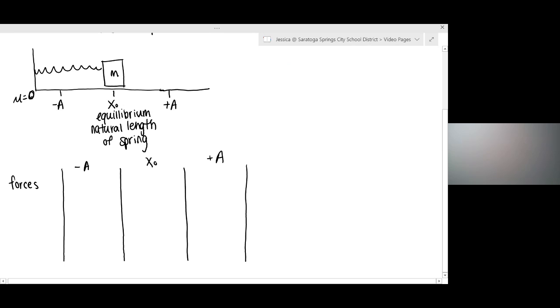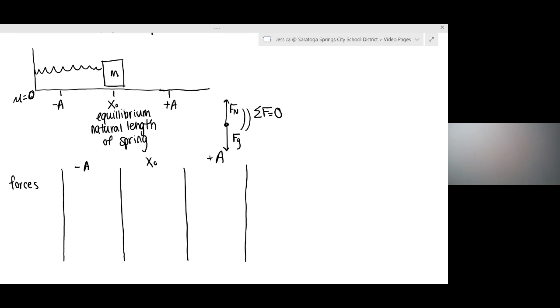No matter where we are, we always are going to have the force of gravity and the normal force acting on us, and those 2 forces are going to be equal because the net force in that y direction is 0. So when I'm talking about forces, I'm not going to be talking about the y direction, I'm going to be talking about the x direction.